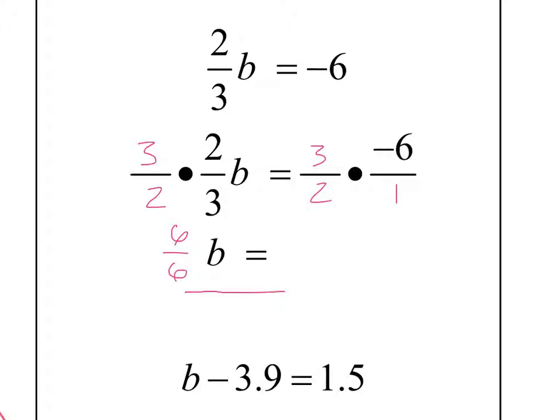Top times top and bottom times bottom is going to give me negative 18 over 2. And so thinking about the multiplicative identity, 6 over 6, that's just a multiplication of 1. And that's going to give me b is equal to negative 18 over 2, which is negative 9.